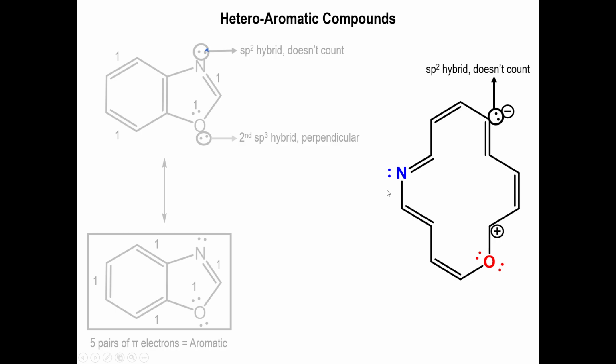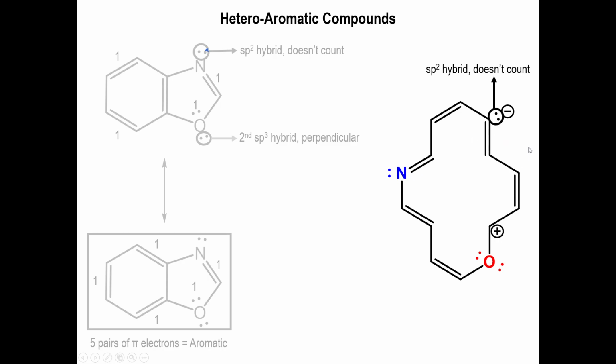Now, the carbanion that we have here happens to be part of a carbon that is sp2 hybridized. So much like the nitrogen here that is sp2 hybridized, they both have a lone pair, but that lone pair is going to be completely orthogonal to the rest of the pi system.